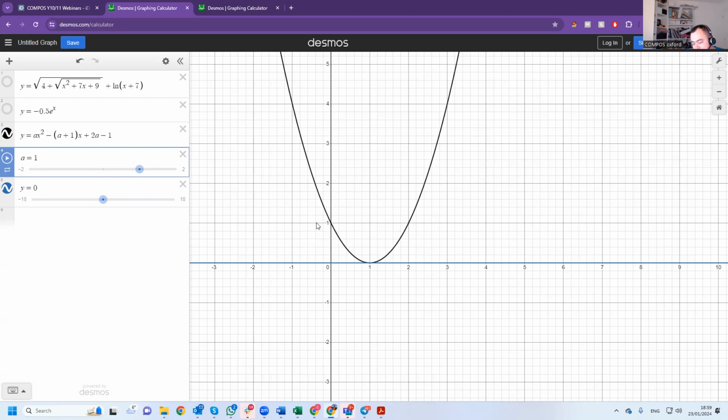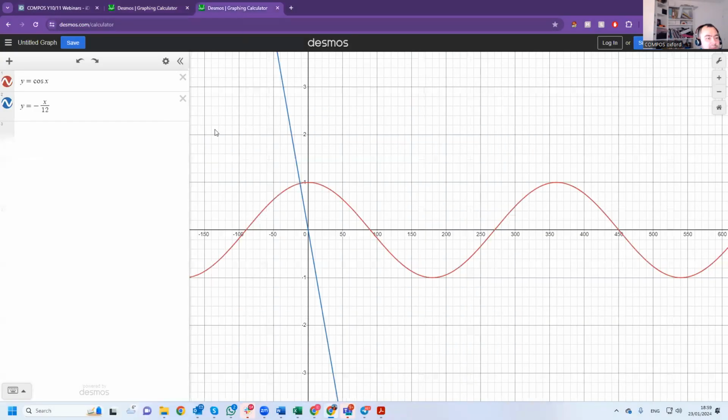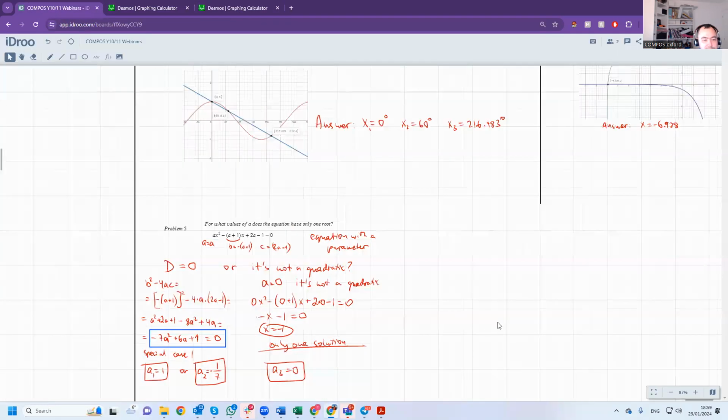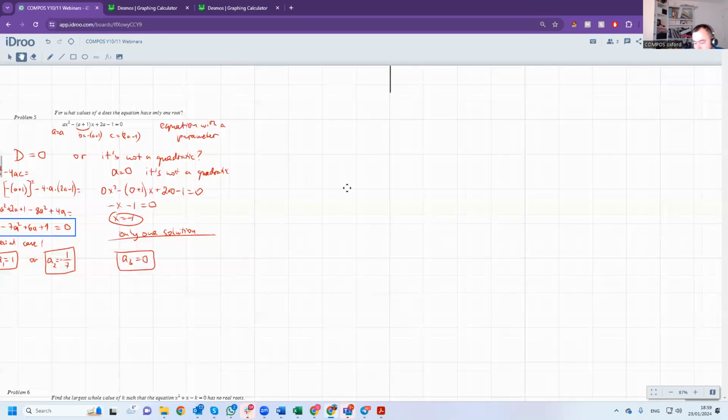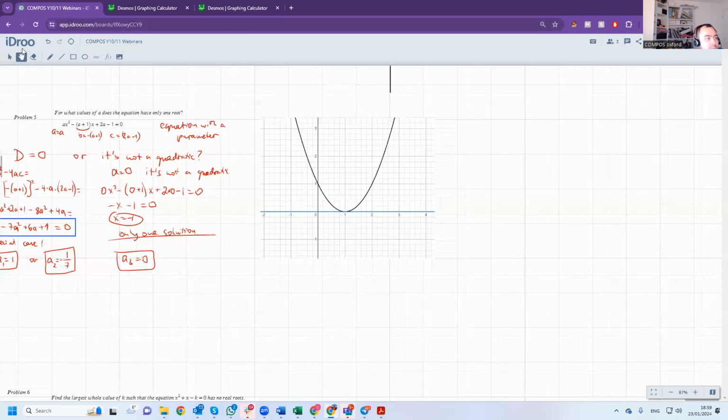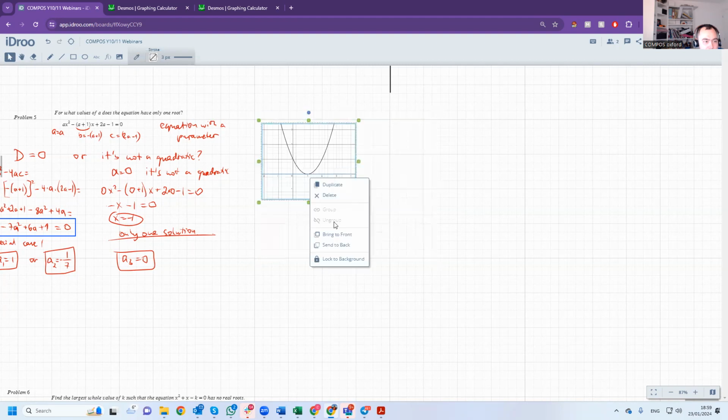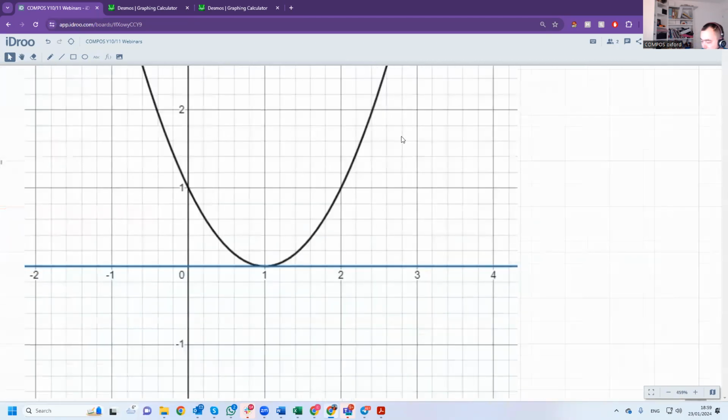So this is one point of intersection when a is 1.